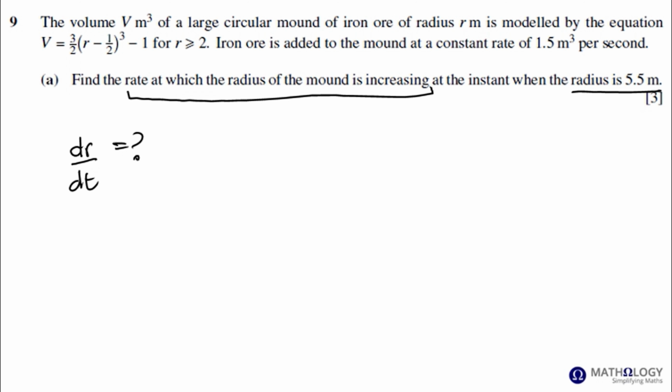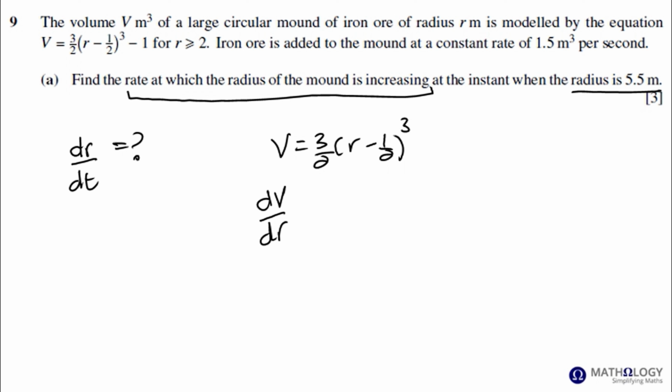The volume V is given by V equals 3 over 2 times (r minus a half) cubed. From this we can get the differential dV/dr. And we're also told that iron ore is added to the mound at a constant rate of 1.5 cubic meters per second.